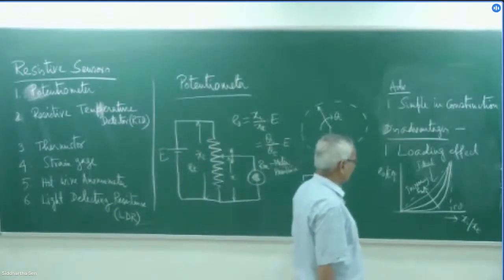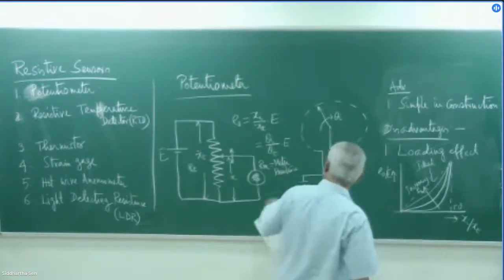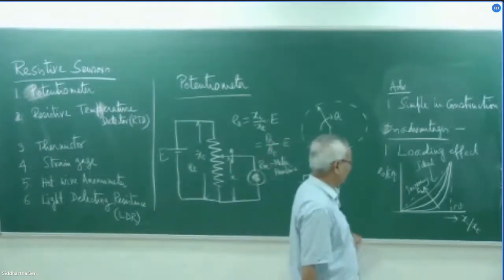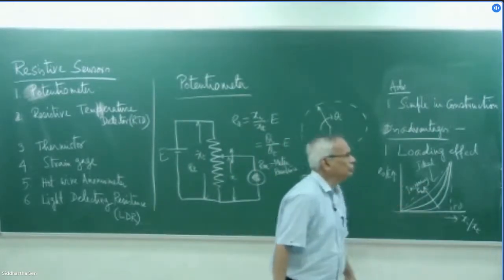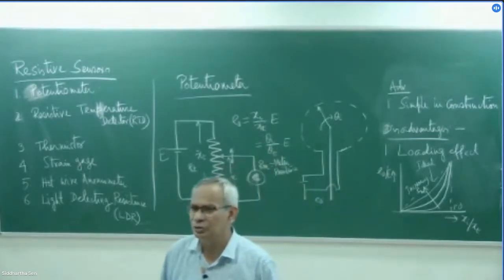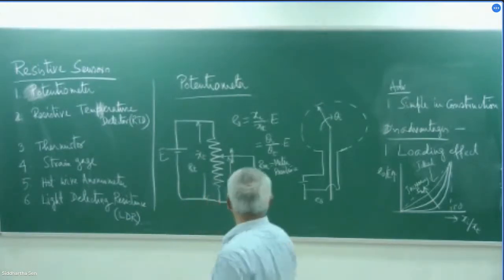But if the meter resistance decreases compared to RT, the potentiometer total resistance, it will cause nonlinearity. We say that this is due to the loading effect, which we have already discussed in detail.